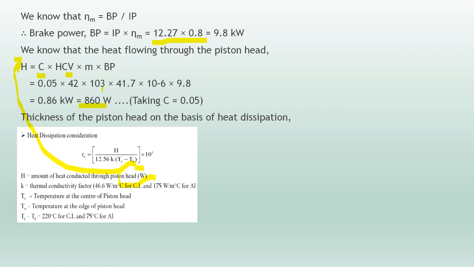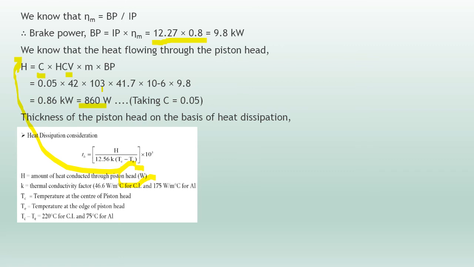Then we have T_C minus T_E equal to 220 degrees Celsius for cast iron, and 75 for aluminum, but our piston is made of cast iron, so we will take 220 degrees Celsius.